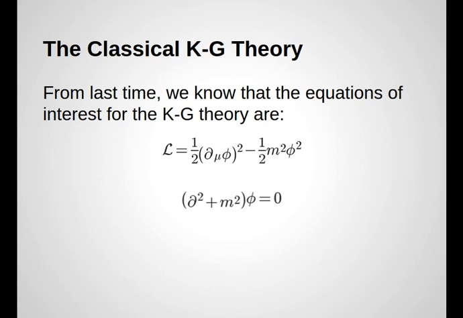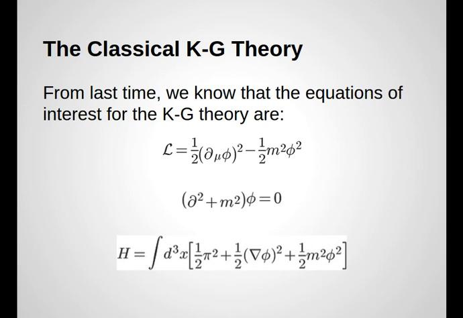Then using the Euler-Lagrange equations of motion, you can derive an equation of motion for this field, and it's just the Klein-Gordon equation, right? Typically, we don't work with the Hamiltonian in field theory, but today we'll find it useful because we want to solve for the eigenvalues and eigenstates of the Hamiltonian. In other words, we're trying to solve the Schrodinger equation for a field.